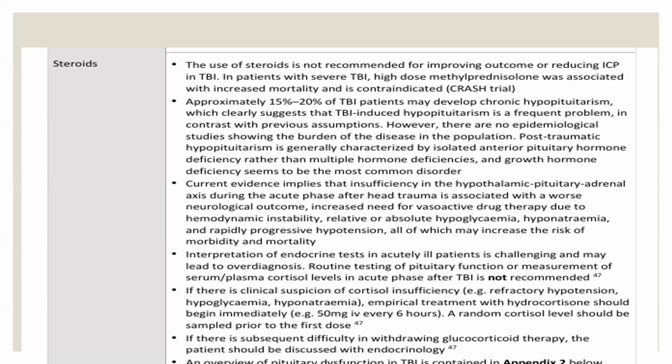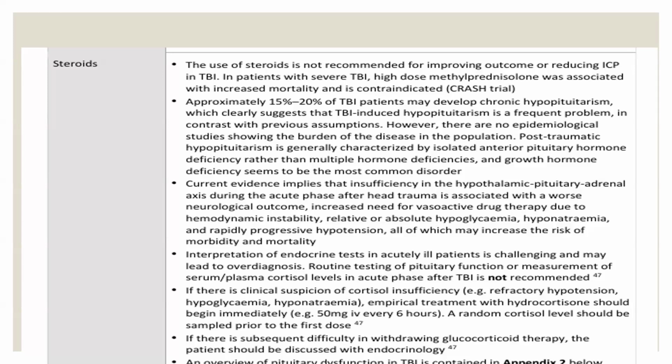However, there is no epidemiological study showing the burden of disease in this population. Post-traumatic hypopituitarism is generally characterized by isolated anterior pituitary hormone deficiency rather than multiple hormone deficiency. Growth hormone deficiency seems to be the most common disorder.